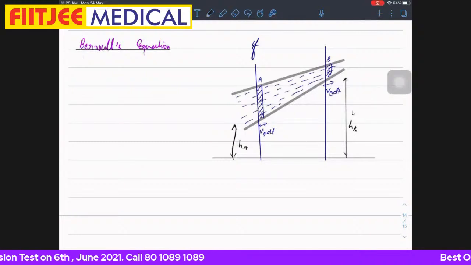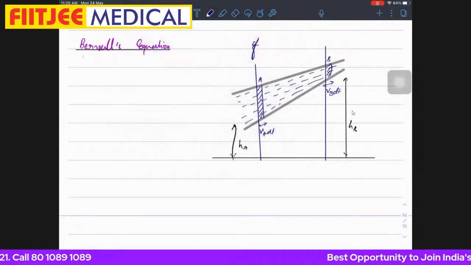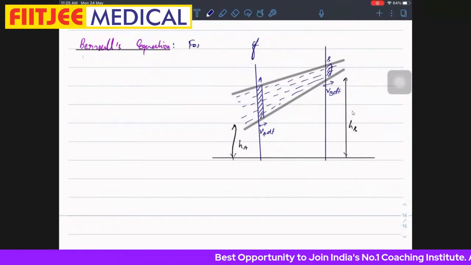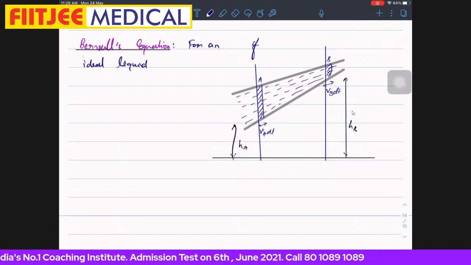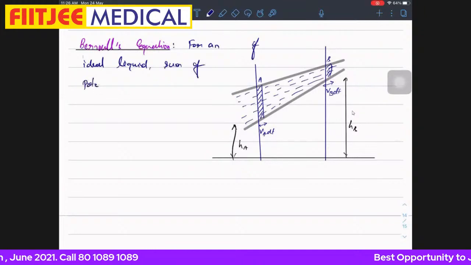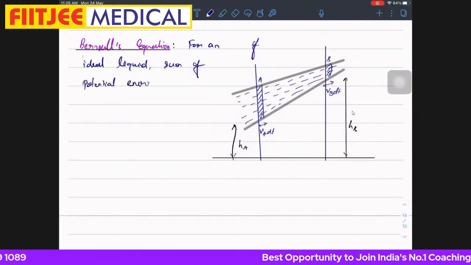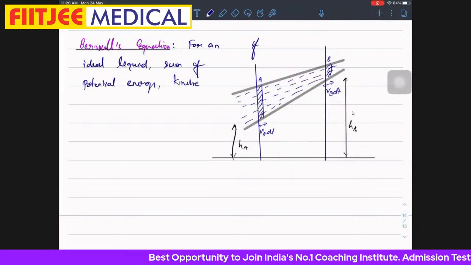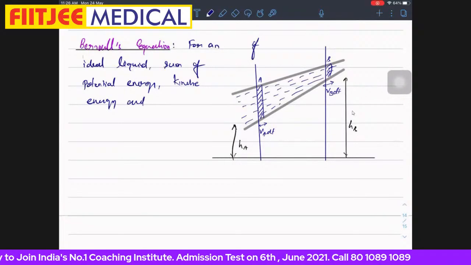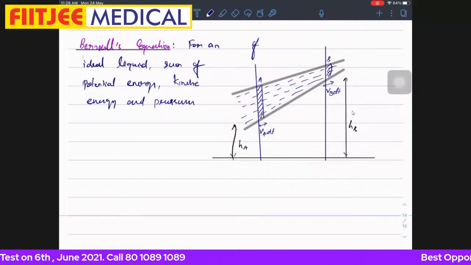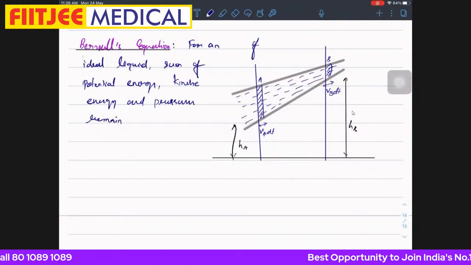Now what does Bernoulli's equation say? It says that for an ideal liquid, the sum of potential energy, kinetic energy, and pressure energy remains constant.